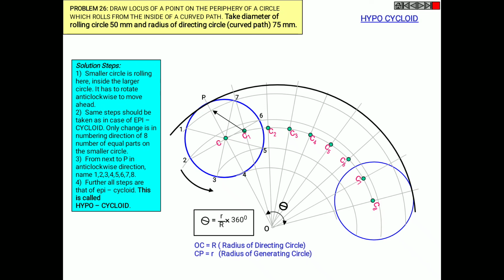Now measure C2P in your compass and mark the arcs with C1 as center on the first line, C2 as center on the second, and so on up to C8. Join all these points smoothly in order to obtain your required hypocycloid.